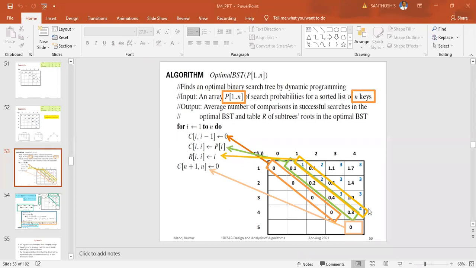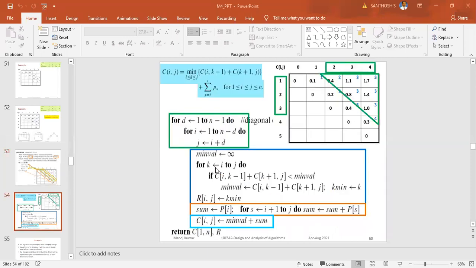So this is 1, 2, 3, 4, the values you are giving. That is the root node. Finally, C of n plus 1 comma n is equal to 0. This is the last one you are having. So this is the optimal BST algorithm. This is the formula we have taken: C of i j is equal to C of i comma k minus 1 plus C of k plus 1 comma j.